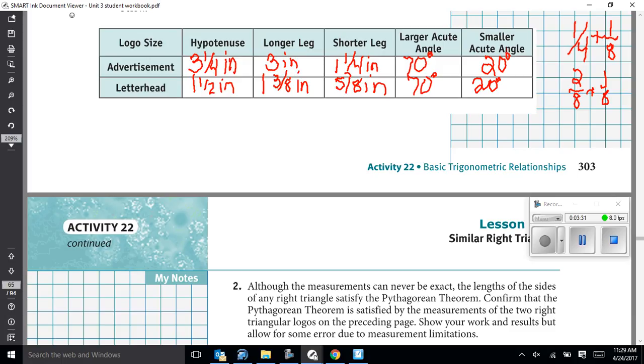So it's 3.25 squared. That equals 10.5625. Does that equal 3 squared plus 1 1/4 squared? Yeah, my calculator matches. So now let's take 1.5 squared. Does that equal our two legs squared?